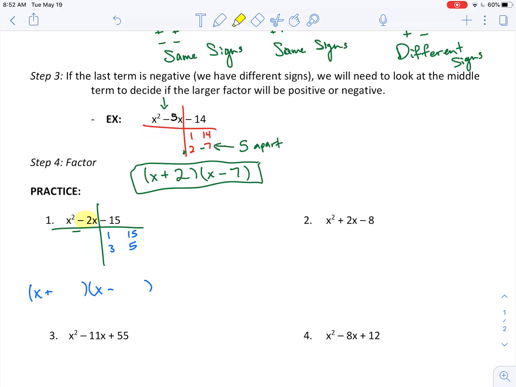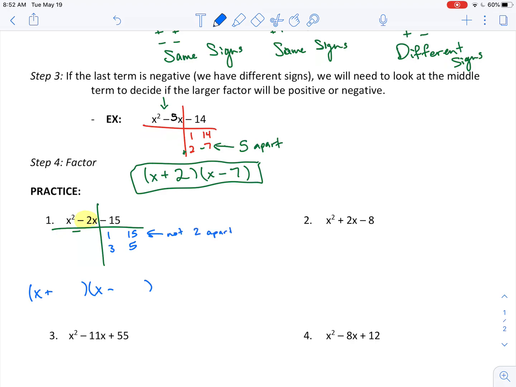Okay, now middle term. I want to have more negatives than positives. So I need my bigger number to be negative, and I need these to have a difference of 2. I need these numbers to be 2 apart.